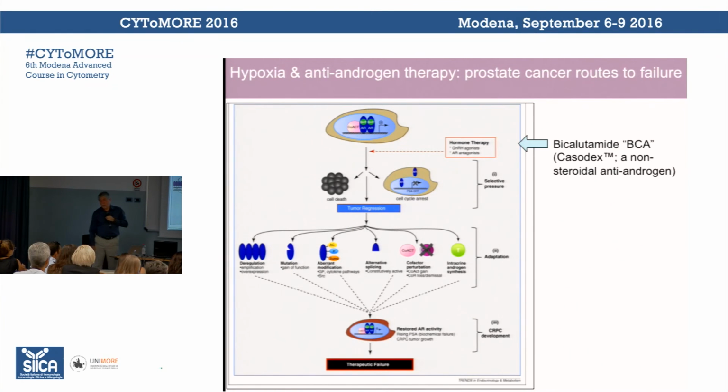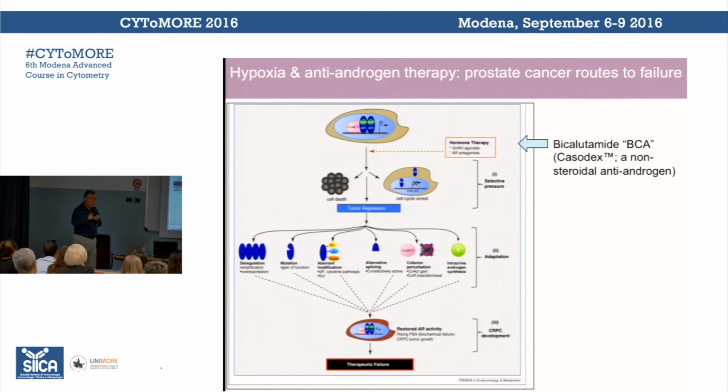And this is one of the first things that we did. We asked the question whether or not therapy, currently standard of care, could induce hypoxia, and it does. Otherwise, I wouldn't be showing you. A good example of that is the use of an anti-androgen in the treatment of prostate cancer, in which typically a person is put on, all males for some reason, I don't understand that, anti-androgen, a basic misunderstanding of the biology here, anti-androgen therapy before, for example, radiation therapy.